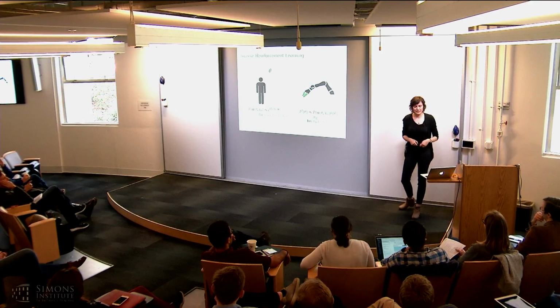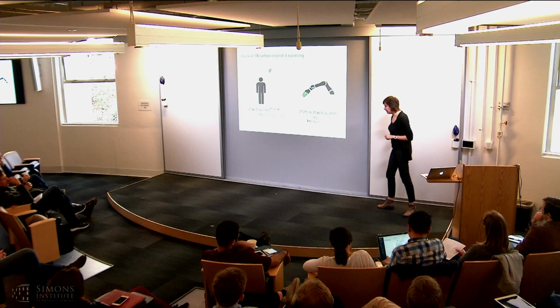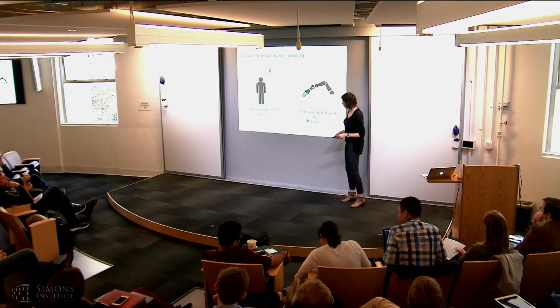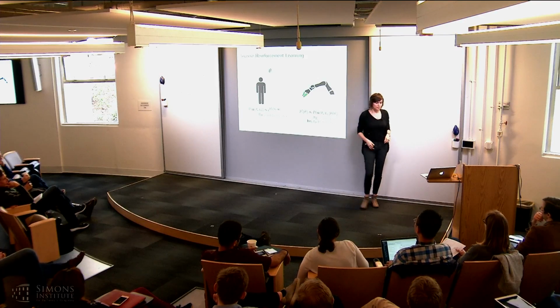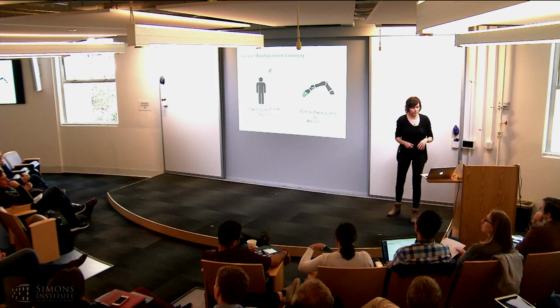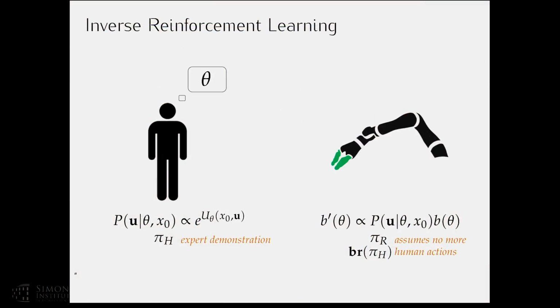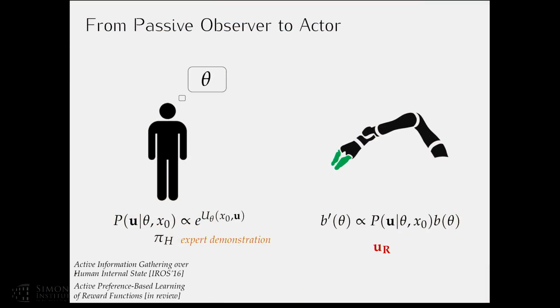So basically what we did here is we thought, well, what if we improve this a little bit, and instead of just observing the person's actions and computing the best response to that, what if we explicitly allow the robot to act?